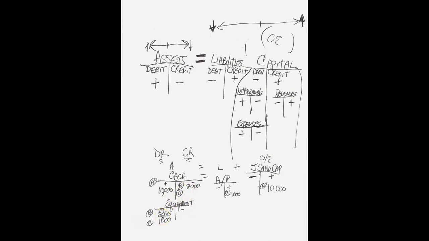In the second one, I simply shifted $2,000 into equipment. I bought a piece of equipment for $2,000. What accounts do we have? Equipment and cash. One's going up, one's going down. How do you achieve an increase in equipment? With a debit. How do you achieve a decrease in cash? With a credit. So the cash balance now would be $8,000, 10 minus 2.